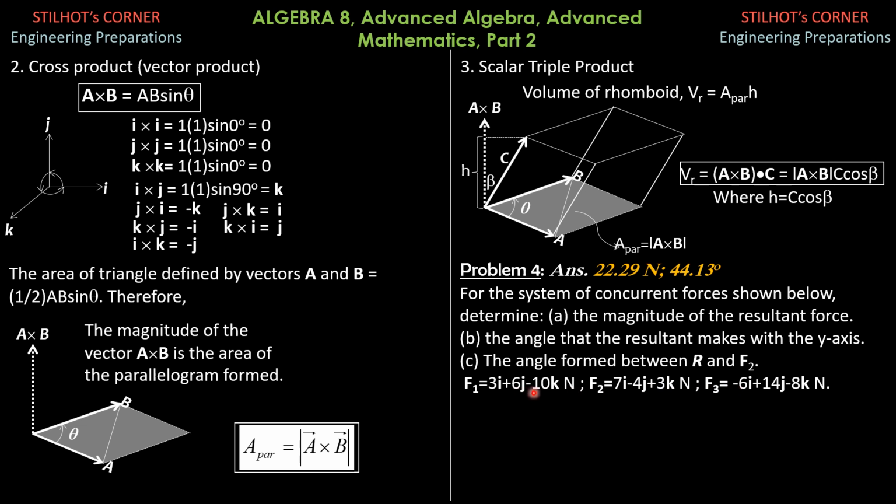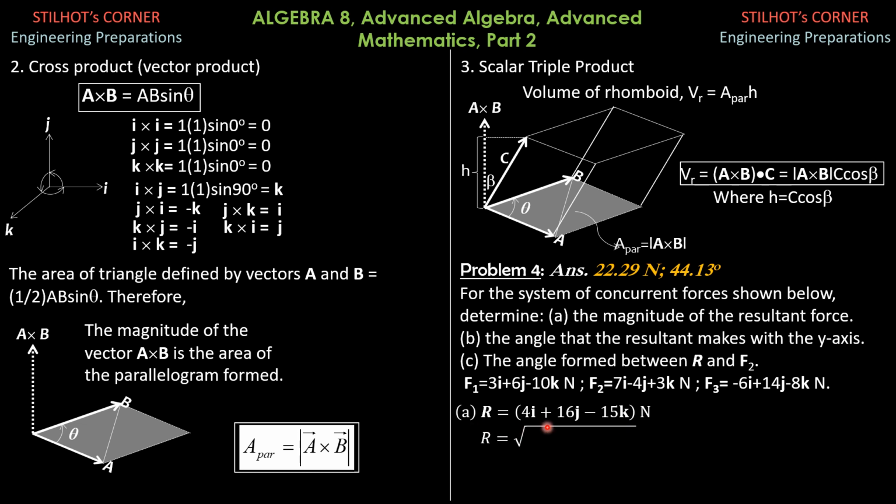Then 6j minus 4j is 2j plus 14j is 16j. So 4i plus 16j. Then negative 10k plus 3k, negative 7k minus 8k is negative 15k. Therefore, the resultant R is 4i plus 16j minus 15k.